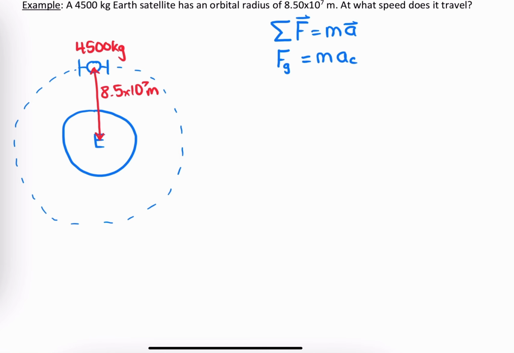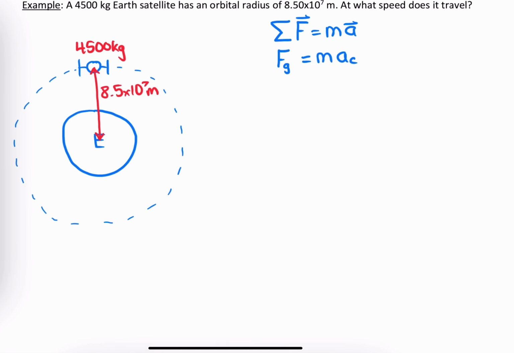So let's see if we can plug in some other formulas now that'll help us with the numbers we actually have. So how are we going to figure out this force of gravity? Well, that's where Newton's universal law of gravitation comes in.